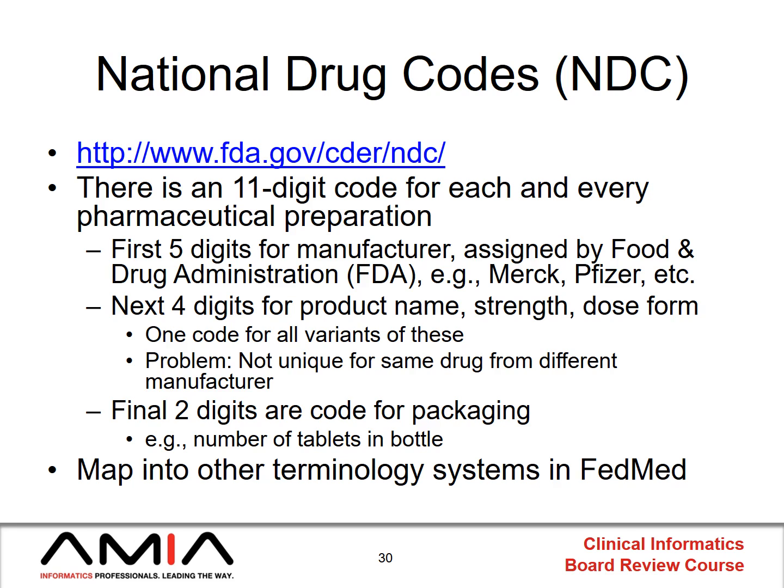The FedMed initiative maps the NDC codes into other terminology systems, so somewhat alleviating this problem with the middle 4 digits being different for the same drug produced by different manufacturers.